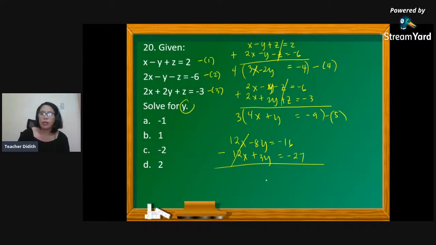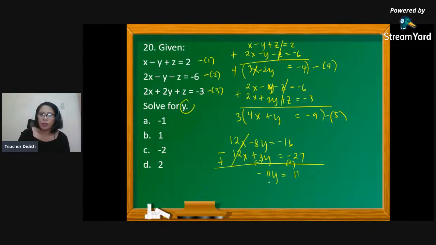So cancelled. So this is negative 11y equals, so this becomes addition na, no? Minus ito is addition. So this will be 27 minus 16, so this is 11.